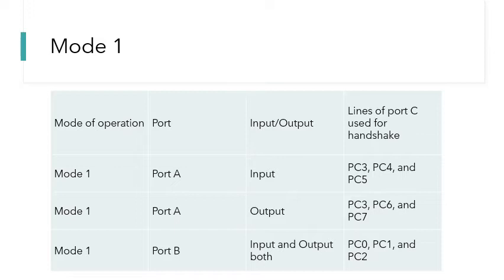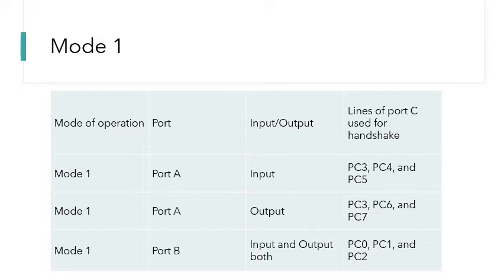The lines of port C are used for handshaking signal when it is operating in mode 1 and mode 2. Thus, only port A and port B can work in mode 1 while port C provides handshaking signals. 3 handshaking signals are required for a port to operate in handshaking mode.